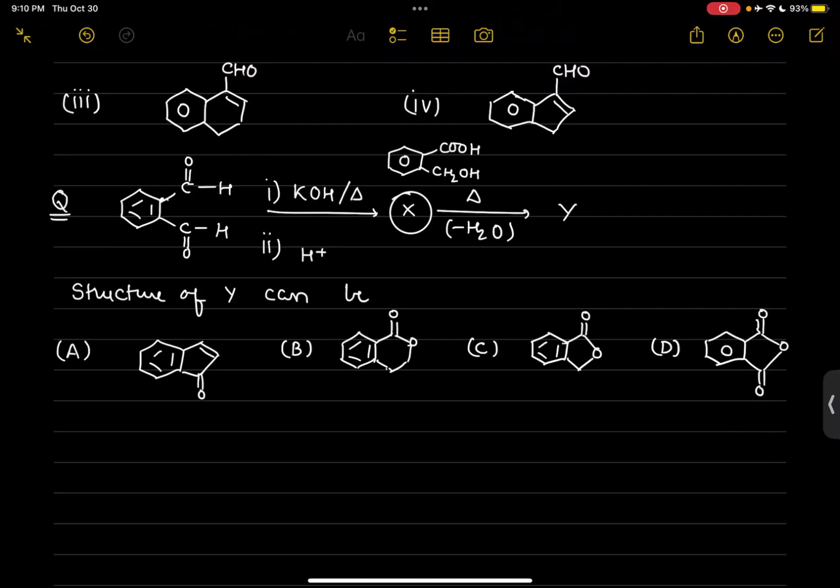So this is going to be the product of Cannizzaro. Do you agree with the structure of X which I have written? Any doubts on this? No, sir. Okay.